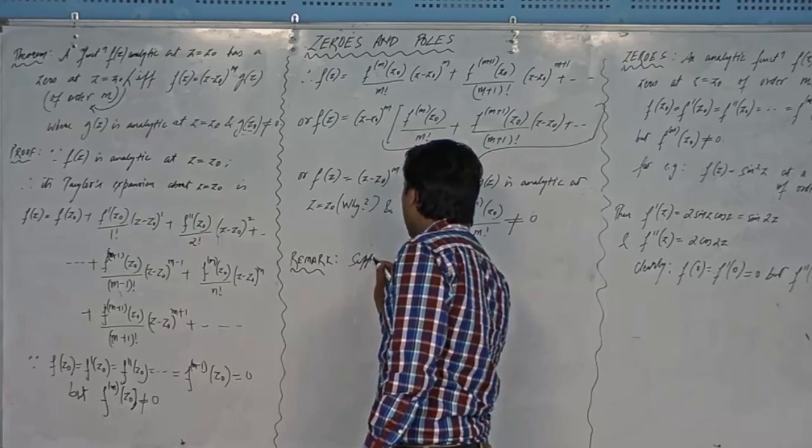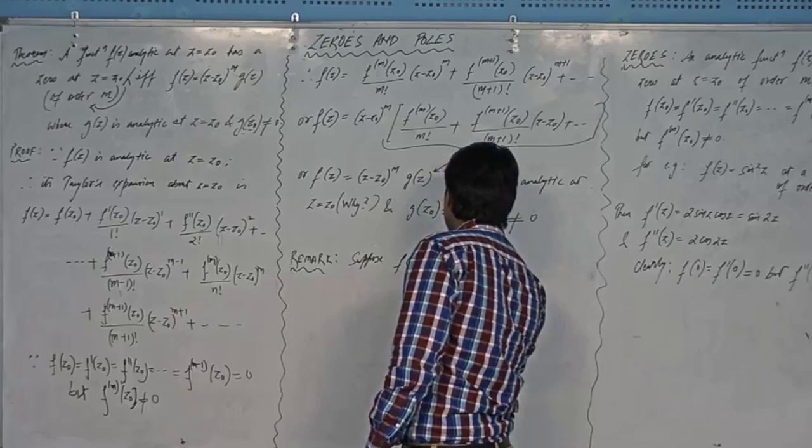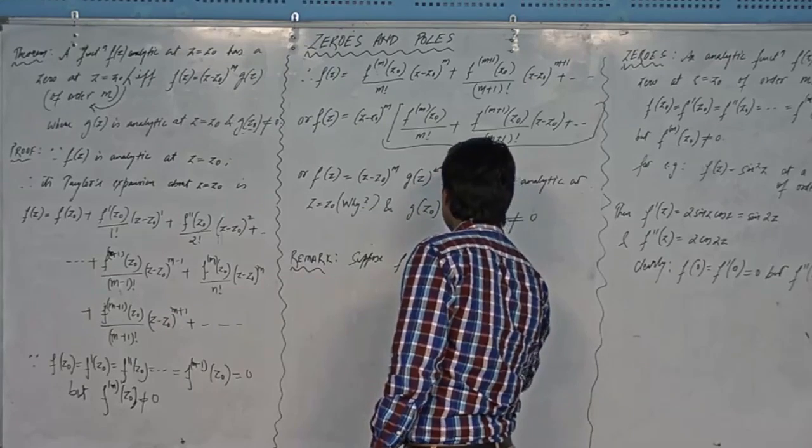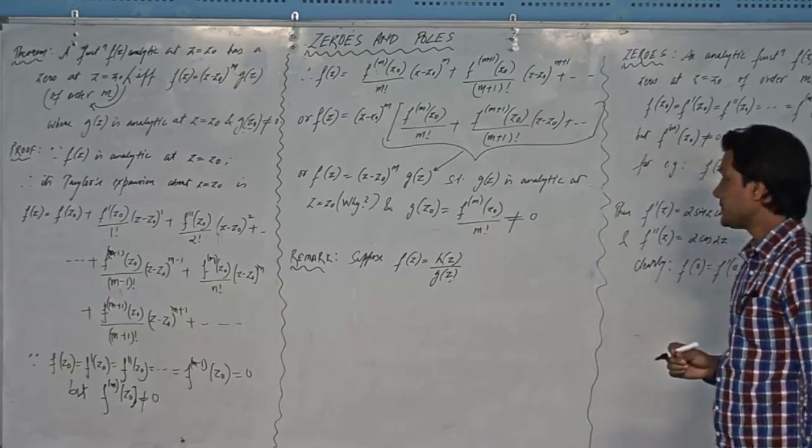Okay, suppose we have a function f(z) equal to h(z) over g(z), right? A rational function h(z) over g(z).